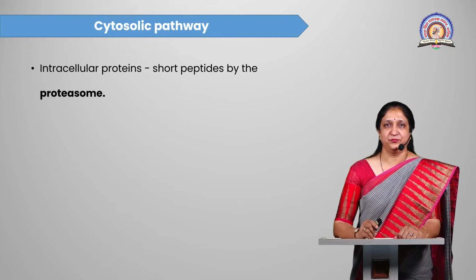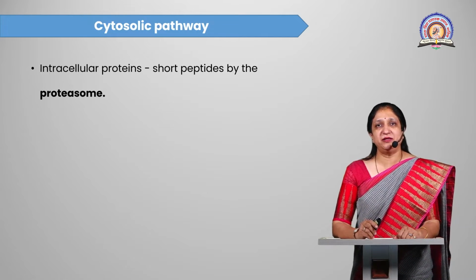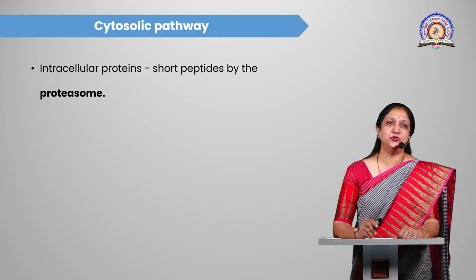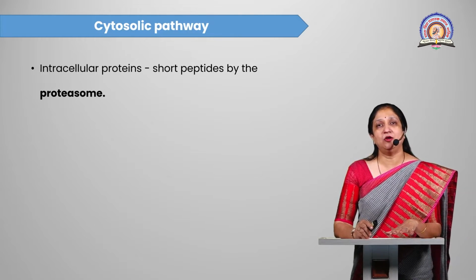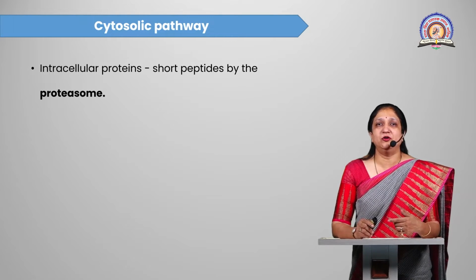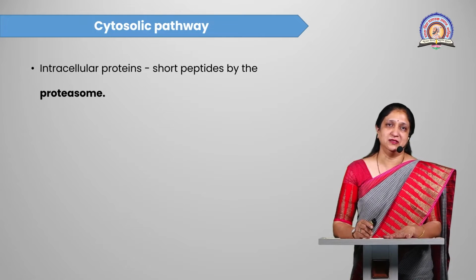Within the cell, there is a small machinery that is present in the cytosol or the cytoplasm of the cell, and this machinery is referred to as the proteasome. This proteasome in a normal cell is used for turnover of the proteins that are present in the cell.